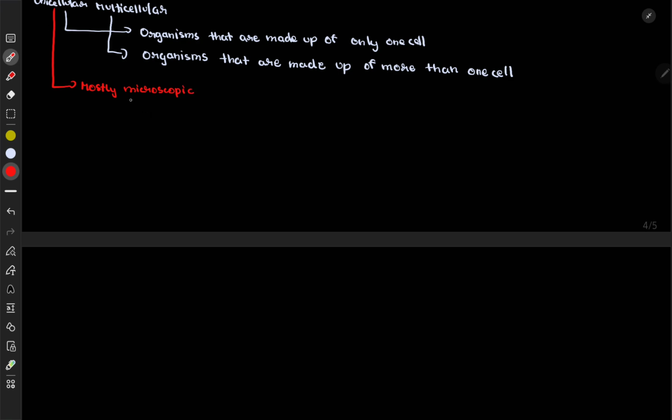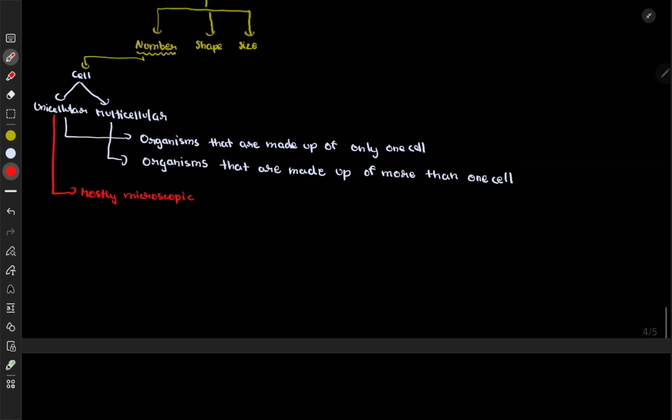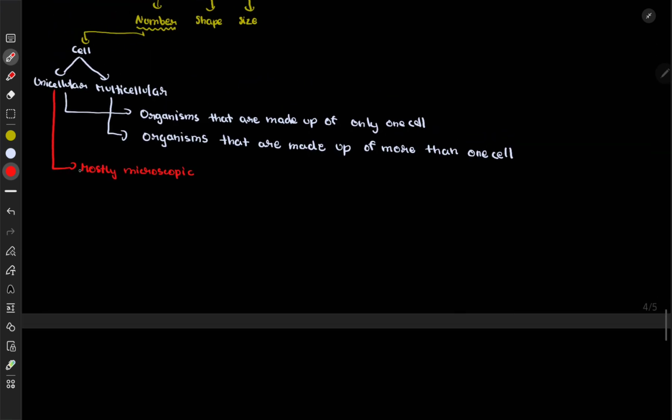So what do you mean by that? They can be seen only through a microscope, except for egg cells, like the egg of an animal, or let's say a bird or reptile. All of them are visible to the naked eye.